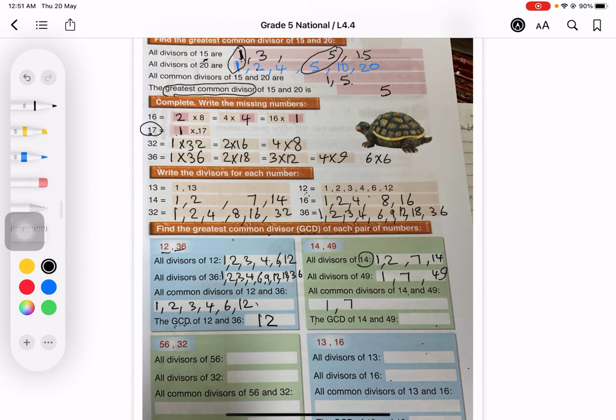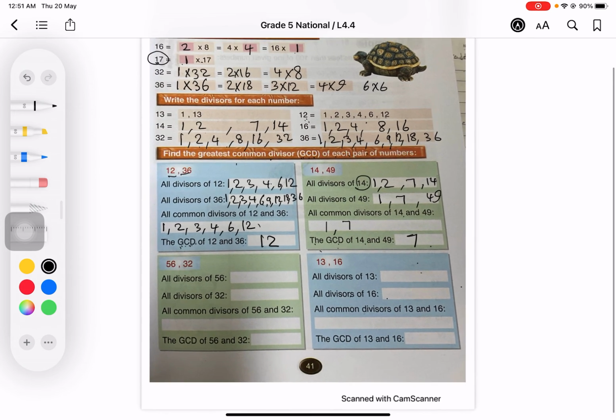So the greatest common divisor is 7. The greatest common number between these is the 7. So I will choose the 7. They are common in 1, they are common in 7. So the greatest common divisor of 14 and 49 is 7.